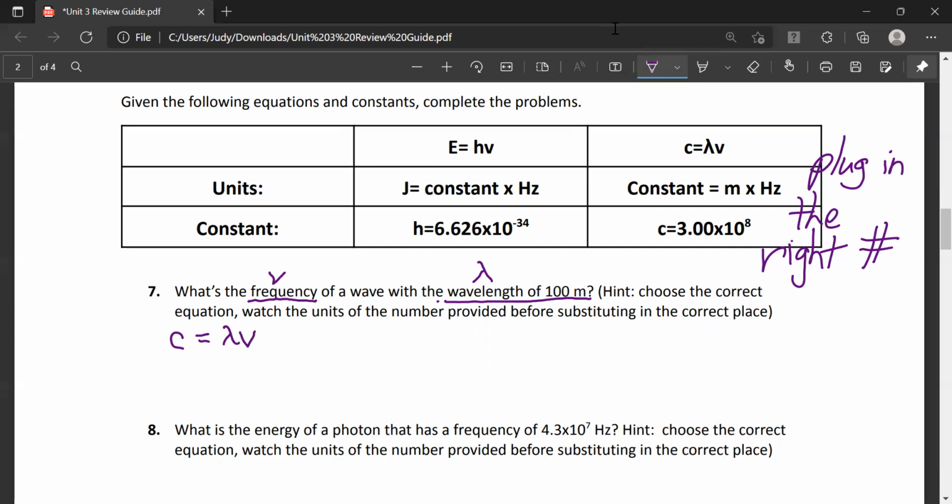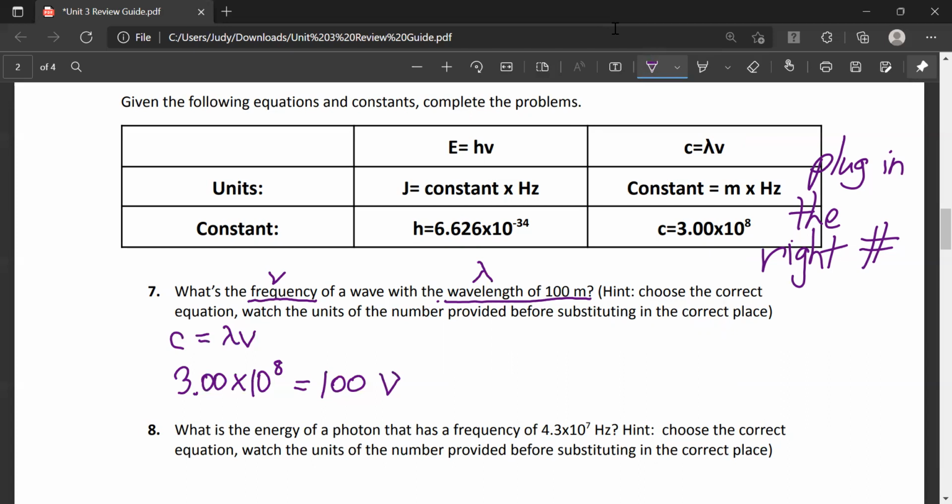All you got to do, like I said, is plug it in. So we know c is 3.00 times 10 to the 8th power, equals the wavelength, 100 meters, times the frequency, which we're looking for.